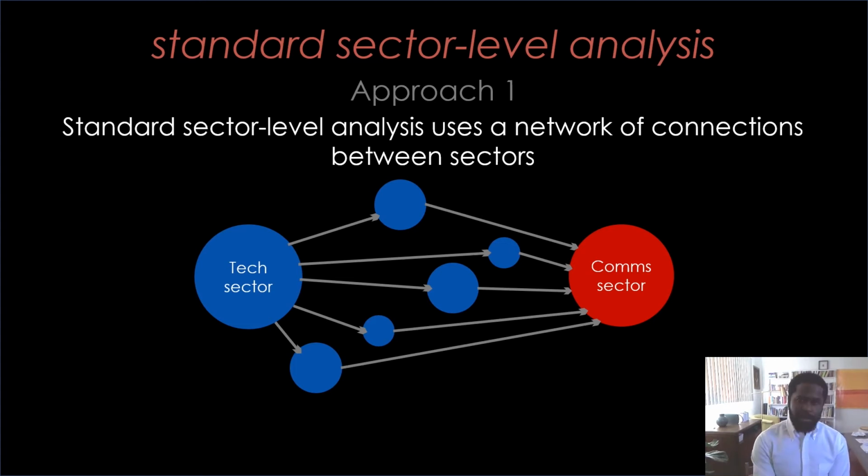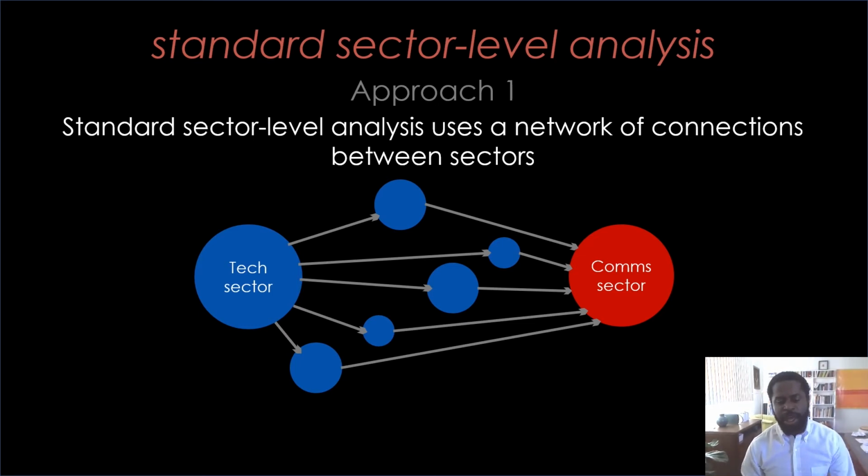We can explain this first approach, which was in the mold of standard sector level analysis, building a network of connections between sectors. So in this picture, there's a network of connections between the tech sector and the communication sector.